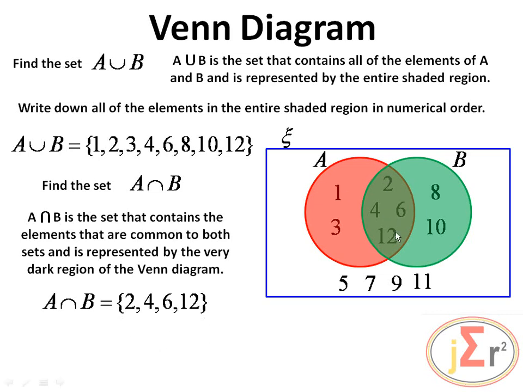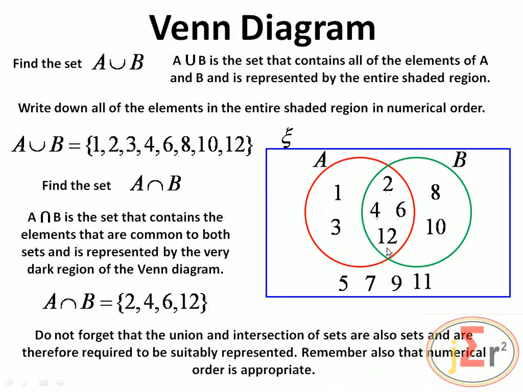This is a very dark region, and that represents the intersection of A and B. It is the region of the Venn diagram where A and B overlap. And those elements are 2, 4, 6, and 12. Do not forget that the union and intersection of sets are also sets and are therefore required to be suitably represented. Remember also that numerical order is appropriate.